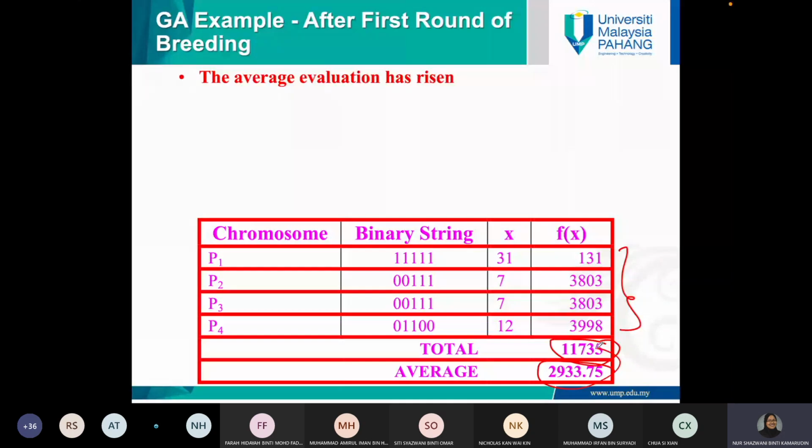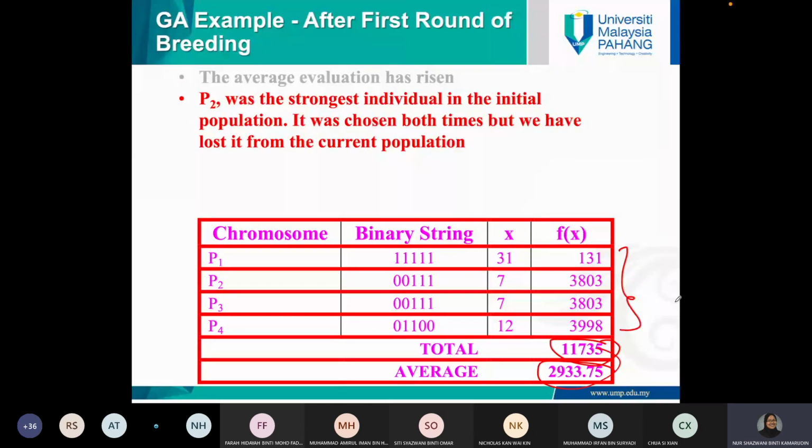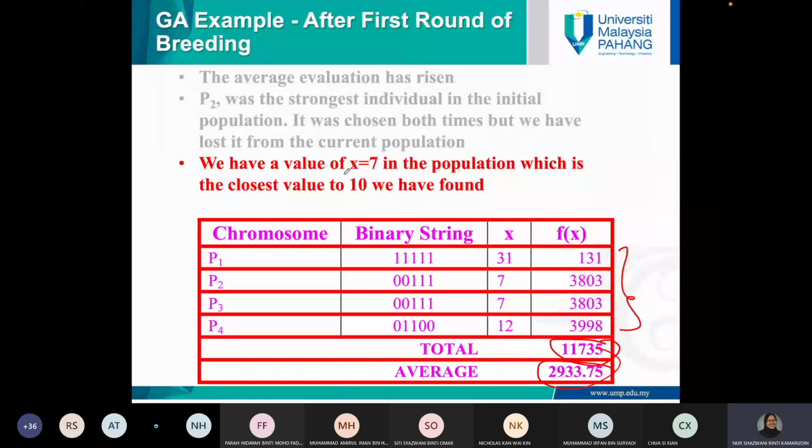We can see from the original generation compared to this new generation, the average has increased. P2 was the strongest individual in the initial population, so it was chosen both times, but we have lost it from the current population. So we have the value of x equal to 7 in the population, which is the closest value to 10 that we have found.